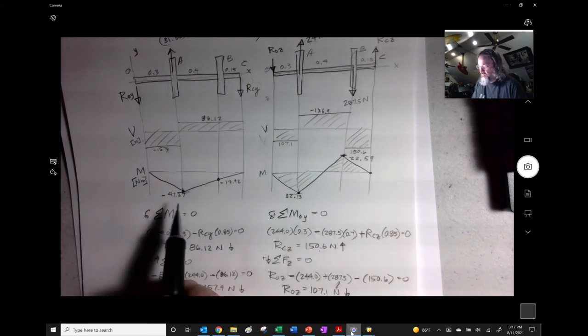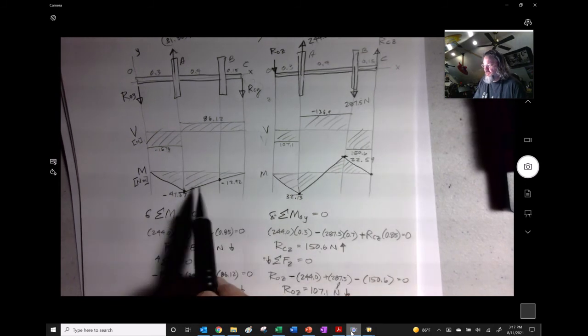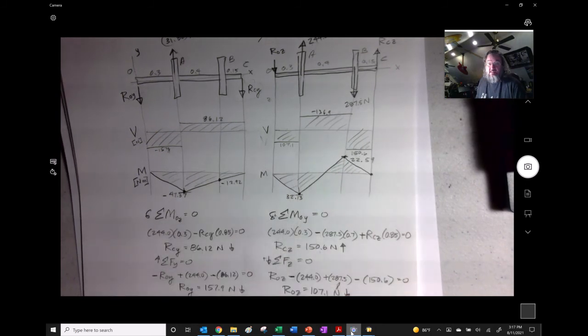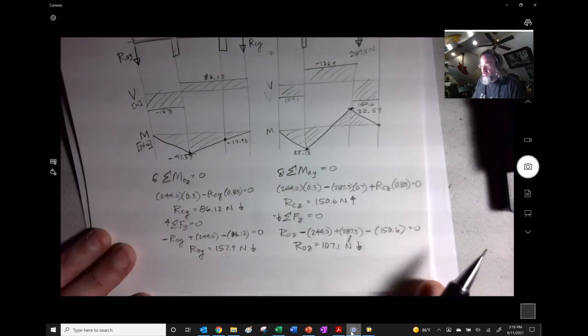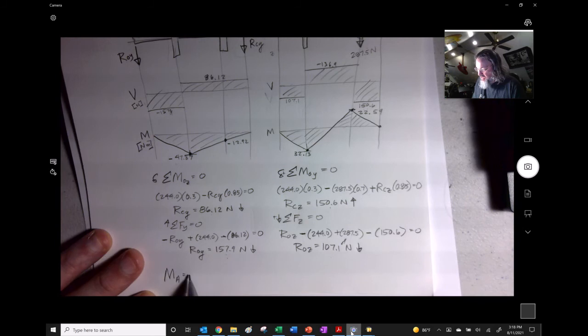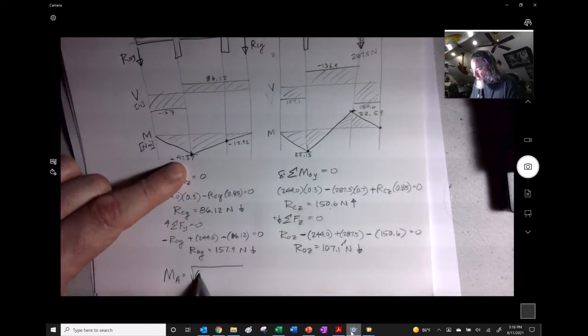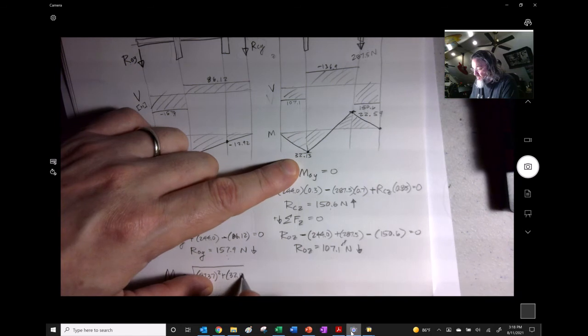So we have moments now at each of these spots. Now we've got to figure out where the maximum is going to be. So let's figure out at A. The moment at A is going to be the vector sum of these. So we get 47.37 squared plus 32.13 squared.